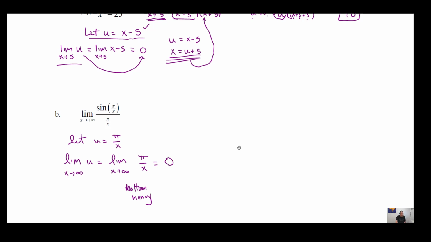This is the horizontal asymptote. And so I can now rewrite my original limit as the limit of sine of pi over x, which is u, over pi over x, which is u. And I can see that as x tends to infinity, u tends towards 0. And that's literally the trig limit fact number 1.